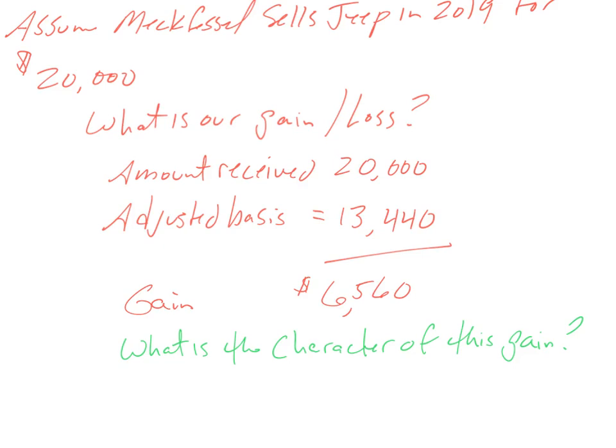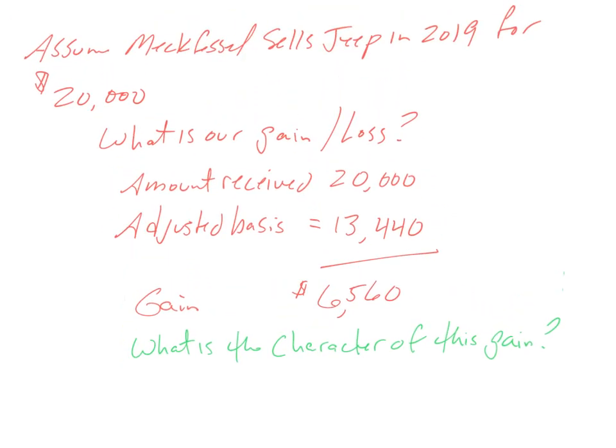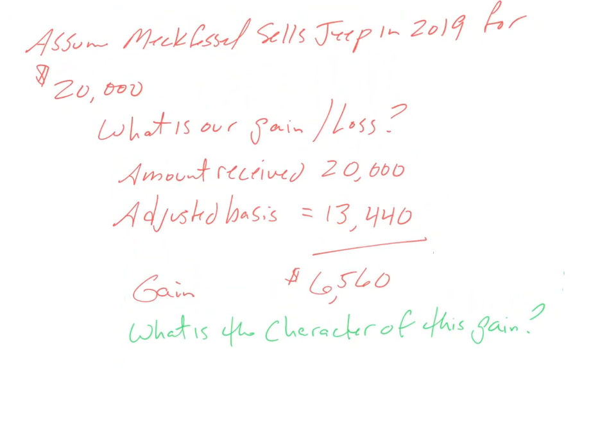All right, well, the answer to that is based on what is the use of this asset and how long did we have it. Okay, so was this asset used in our business for a year or more?